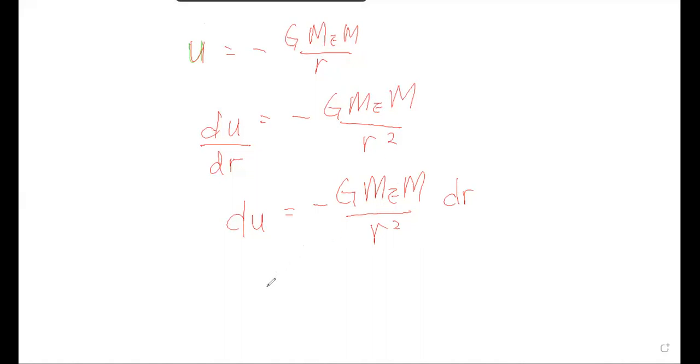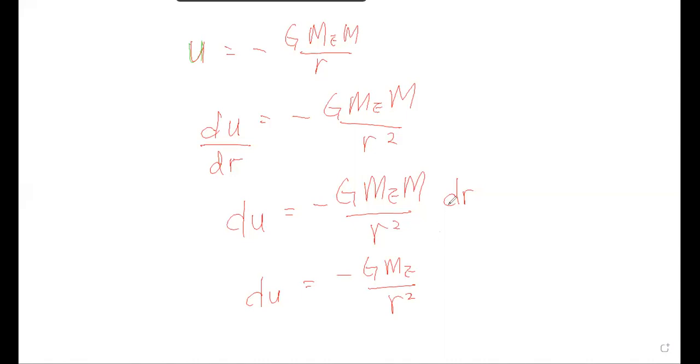So now what I get is that the change of the gravitational potential energy will be equal to negative G M_E over R squared times this m.